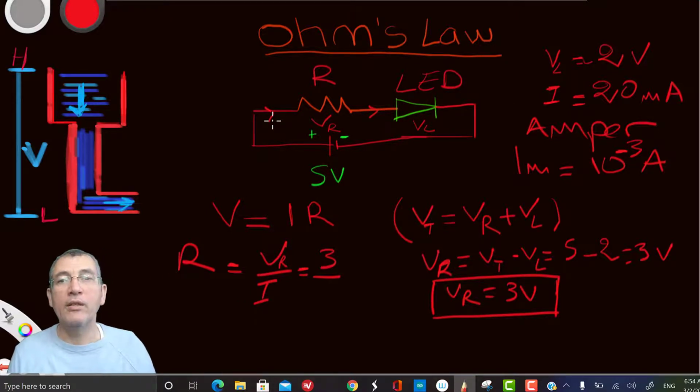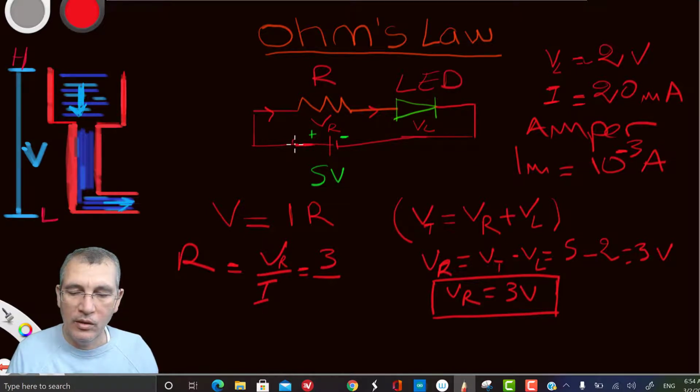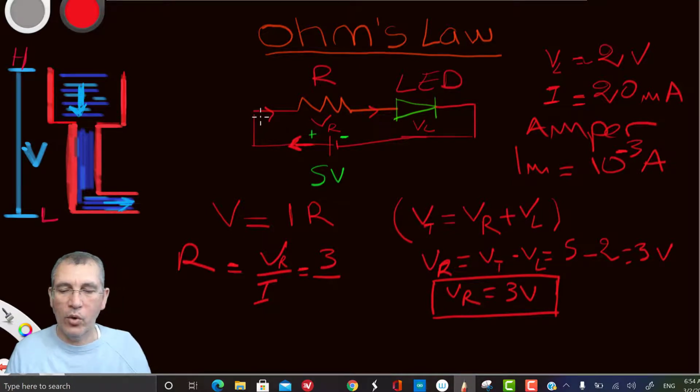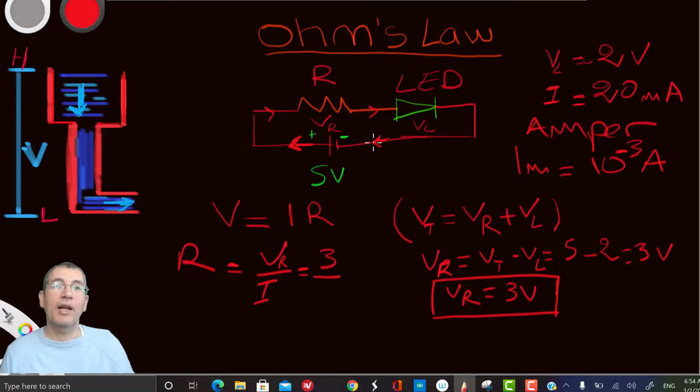By the way, when I say currents, I mean the conventional currents. Conventional currents always flow from positive to negative. So it goes from here and goes back to the negative terminal. But actually what's happening is completely different.